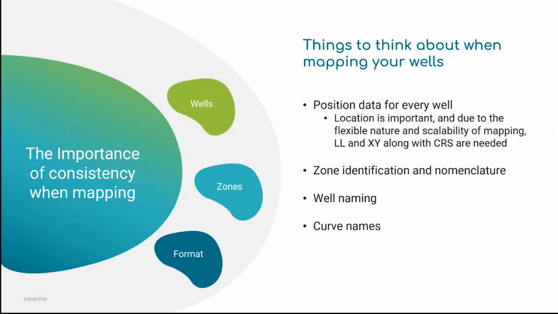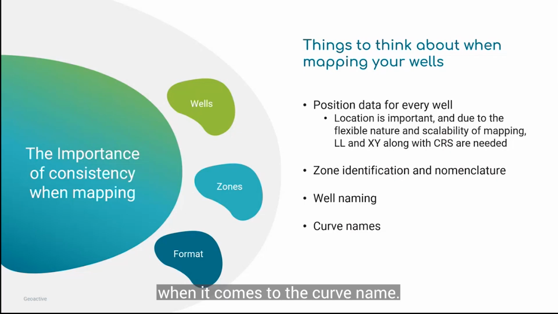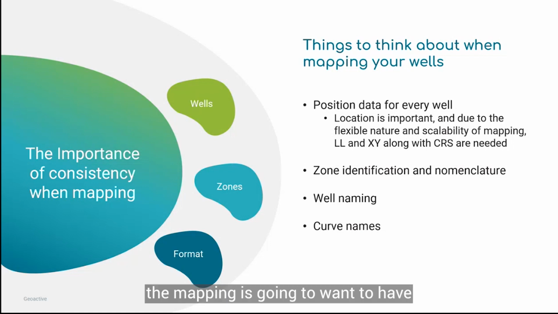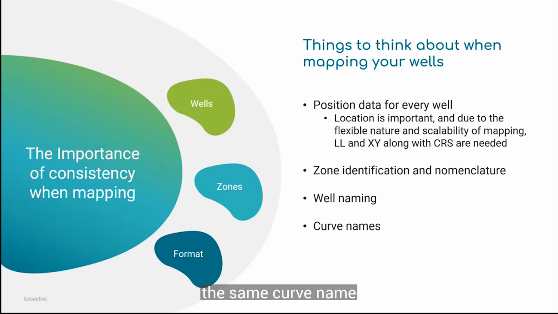Right now, when you are creating your grids, your surfaces for your water saturation or any of your porosity water saturation parameters, when it comes to the curve name, so when you're looking at the log statistics, the mapping is going to want to have the same curve name across all the wells.